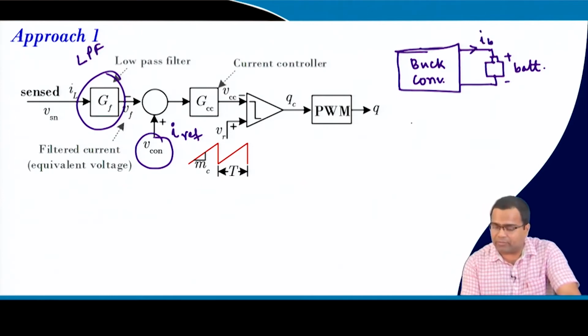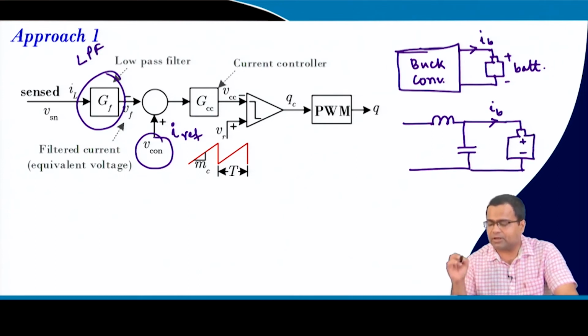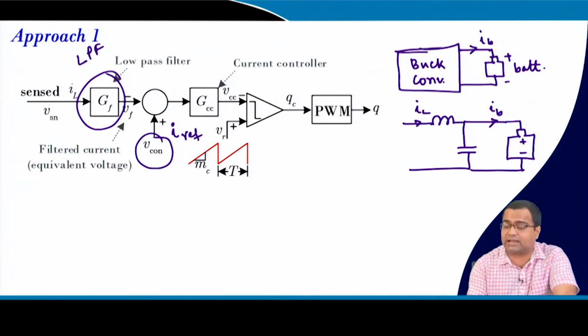In the buck converter you have an inductor and also a capacitor, and that is going to your actual battery, with positive and negative terminals. The inductor current, we have to maintain the average value of the inductor current same as the average battery current. So, one way is to give the reference I ref straight away equal to I battery.